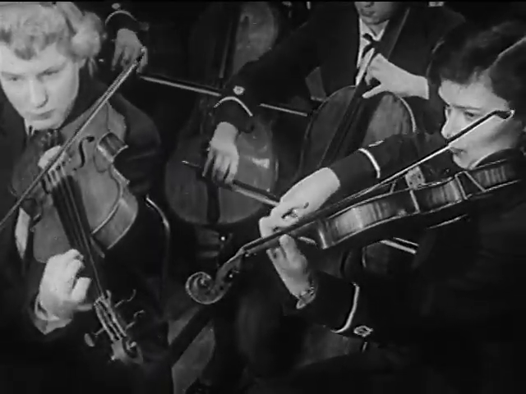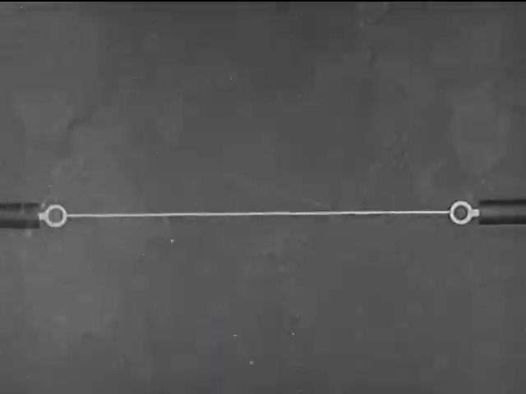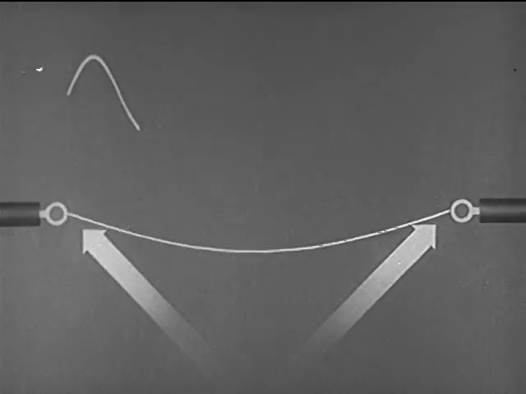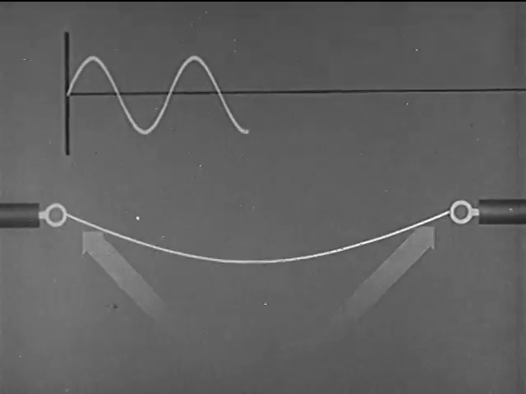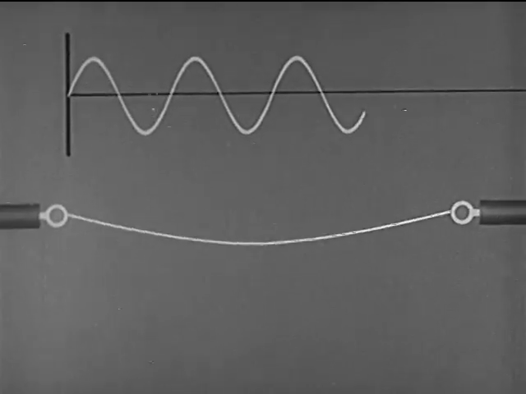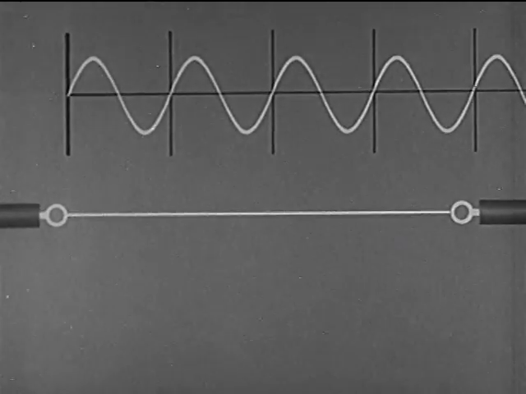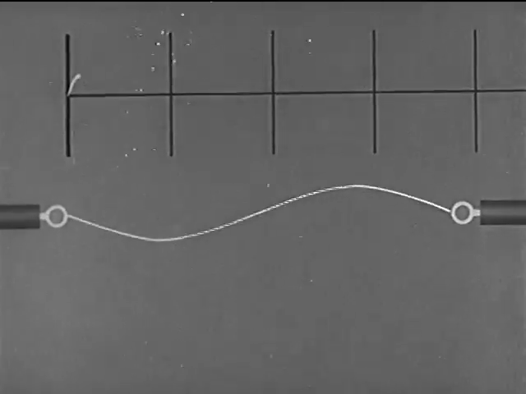To explain some of the reasons for this, let us observe this string. Here there is no motion at these endpoints or nodes. The string vibrates along its full length and produces its longest possible wavelength. This is the lowest or fundamental frequency of the string, sometimes called the first partial.